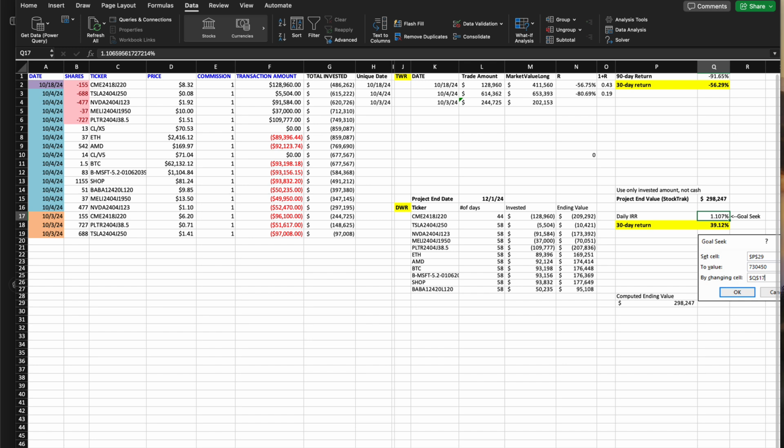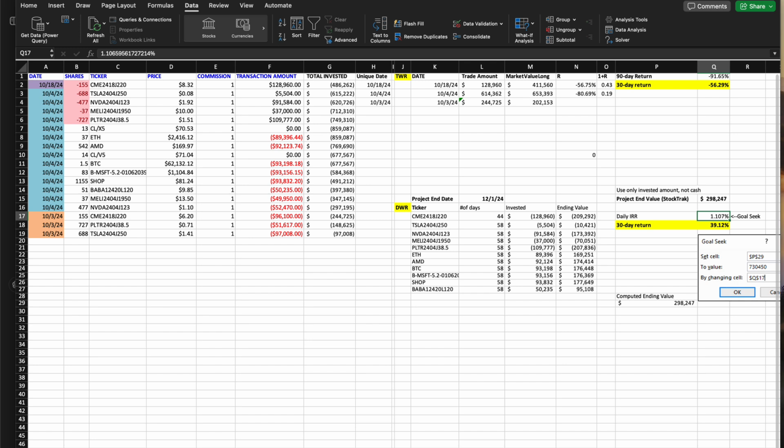And that gives me a very bad negative percentage of negative 56.29%. So, a very horrible return my portfolio got me. Not the worst, though, believe it or not, according to my class ranking.